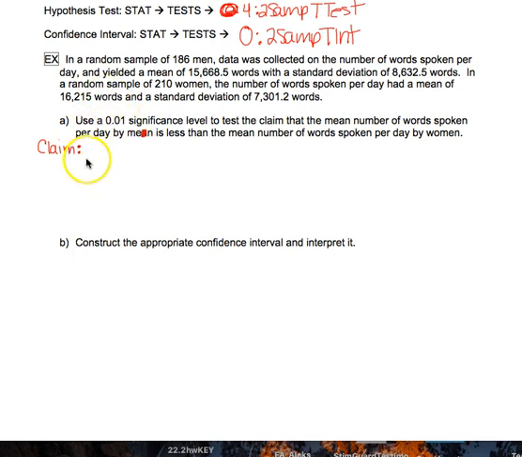So we say claim is that mean 1, which was the men, is less than mean 2. So that's our claim. Remember that our null hypothesis always has an equal. So we're going to do mu1 is equal to mu2 for that. The alternative hypothesis then, in this case, should match the claim.